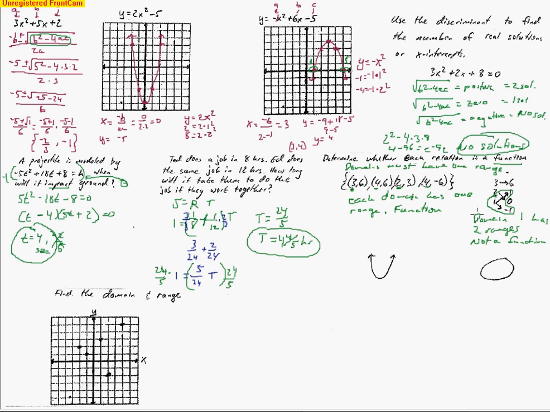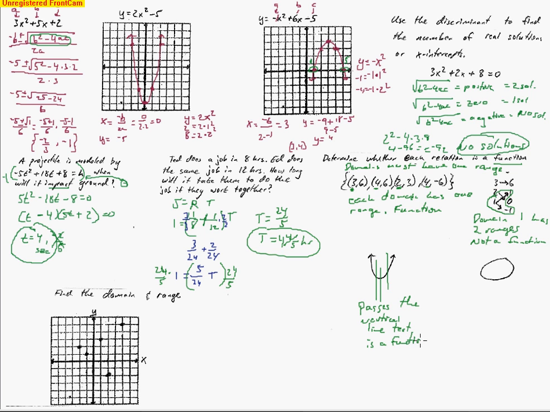Well, here are some graphs. To check graphs, use the vertical line test. Notice if I pass vertical lines through, it only touches one spot on the graph. So this passes the vertical line test, and so it is a function.